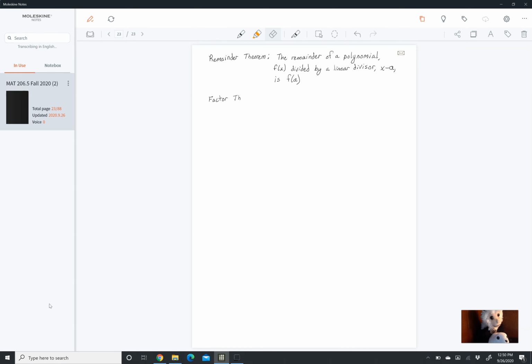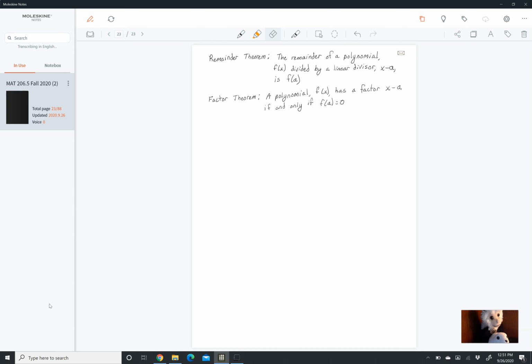So the factor theorem says a polynomial, again, we'll call it f of x, has a factor x minus a if and only if, sometimes abbreviated IFF if you've ever done logic before, f of a is equal to 0.